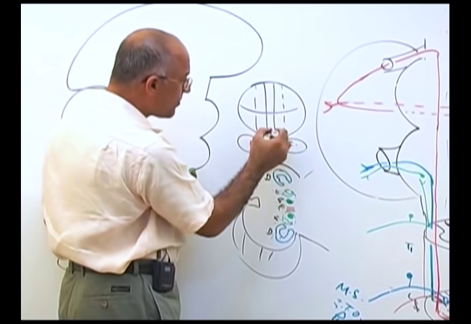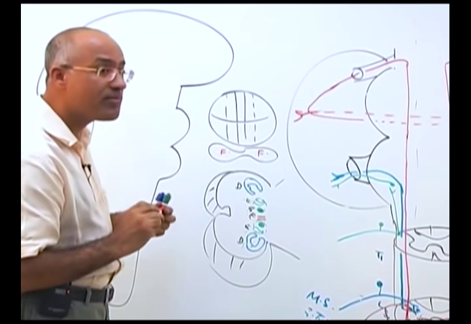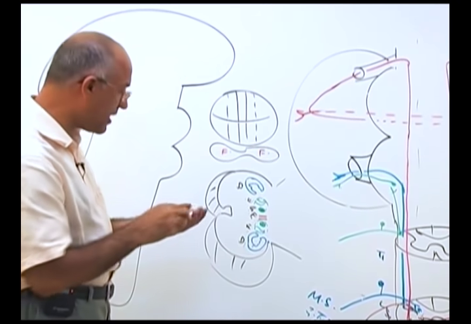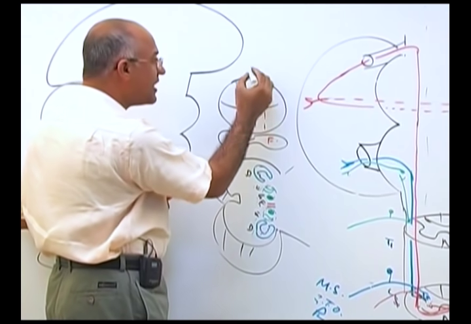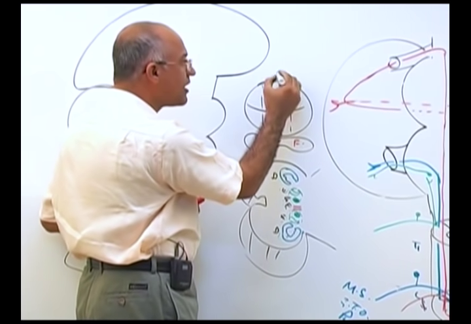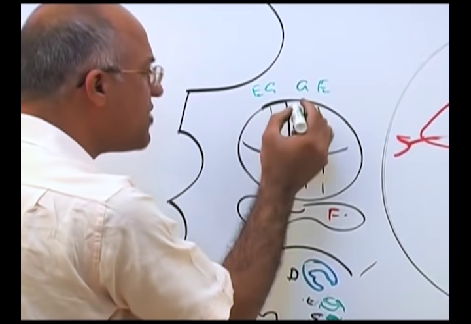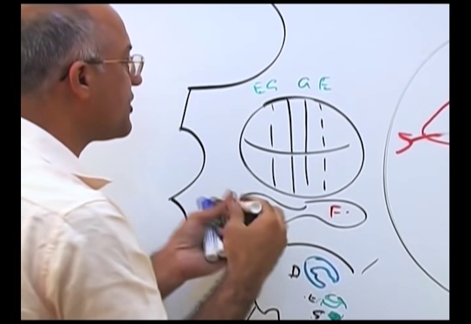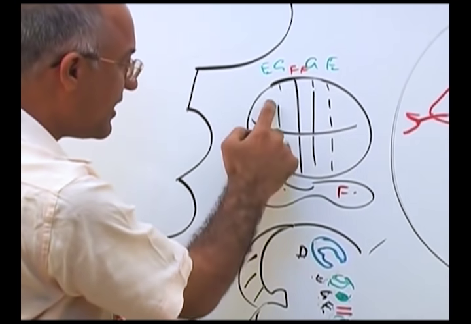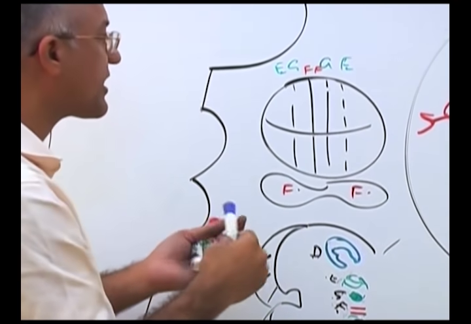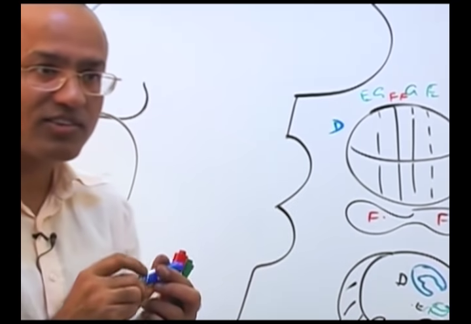Vermal and paravermal. They are concerned with what? Spinocerebellum. So they should be connected with which deep nuclei? Globose and emboliform. Very little connection here also for fastigial. And the outermost cortex of the cerebellum should be connected with which deep nucleus? Dentate. Is that right?